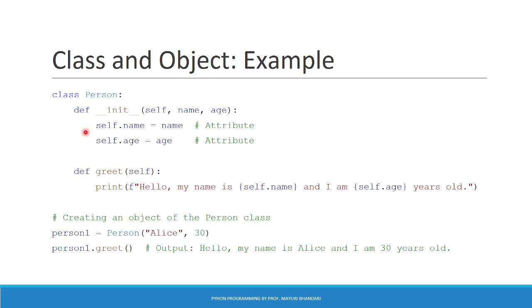Okay, so this is an example of a class. The name of the class is Person. Inside Person you can see two methods, right? Which two methods are there? Tell me.